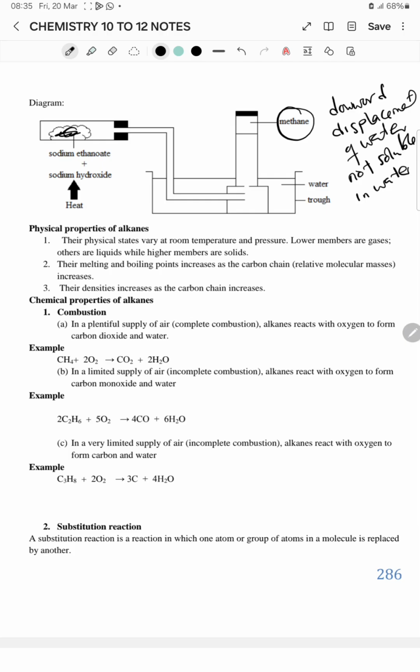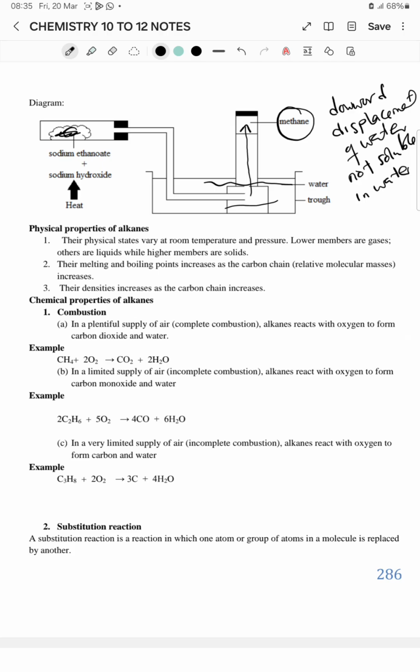That's why it is collected using downward displacement of water. So if it was soluble, it would have just remained here. But since it is able to be collected there, it is not soluble in water.